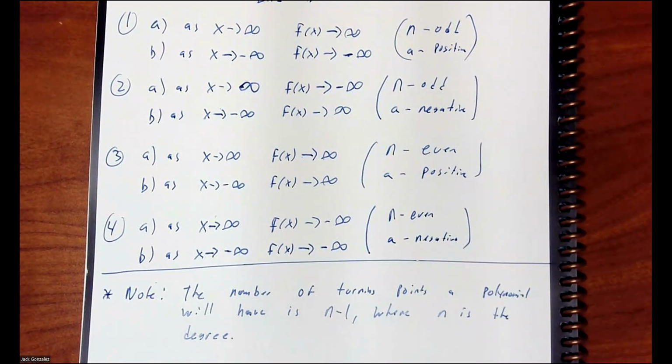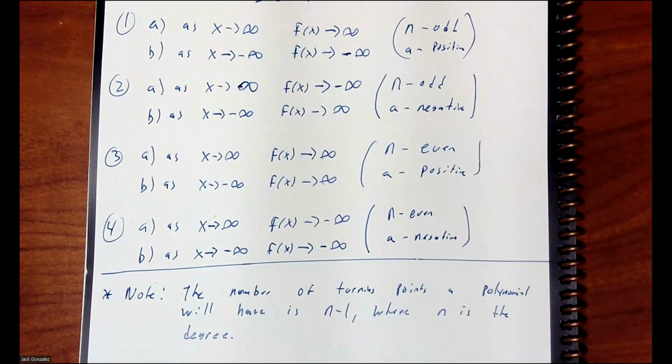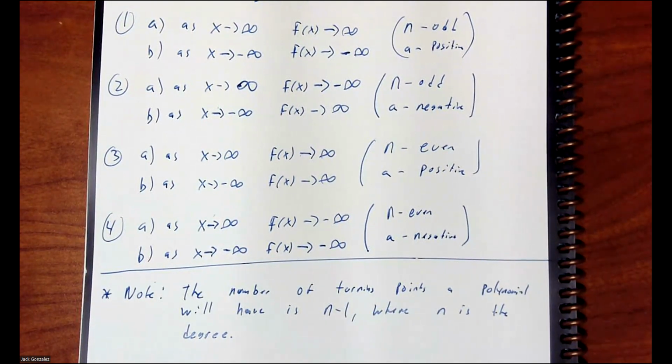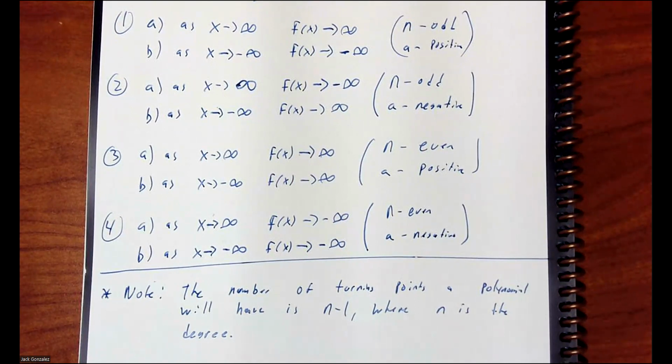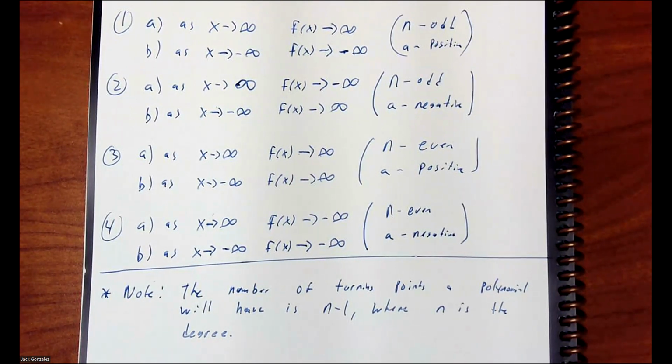So all these hints that I've given you, all these ideas: if I give you a graph, you'll be able to figure out what the degree is given the end behavior, given the number of turns, etc. You can figure out the answer with all the hints. It's basically what we're doing.